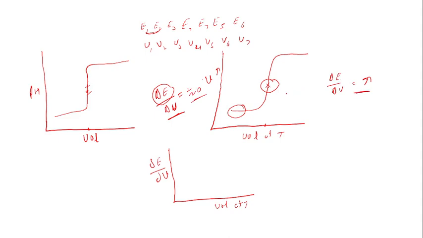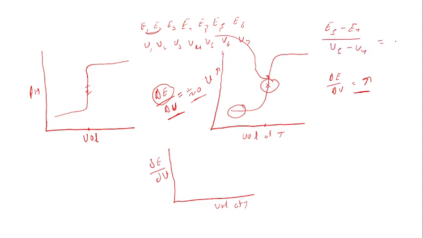You are taking a small differential. Differential means you are dividing your continuous reading into small segments. Suppose it is E4, E5. For the reading at any point, it is E5 minus E4, and the volume is V5 minus V4.